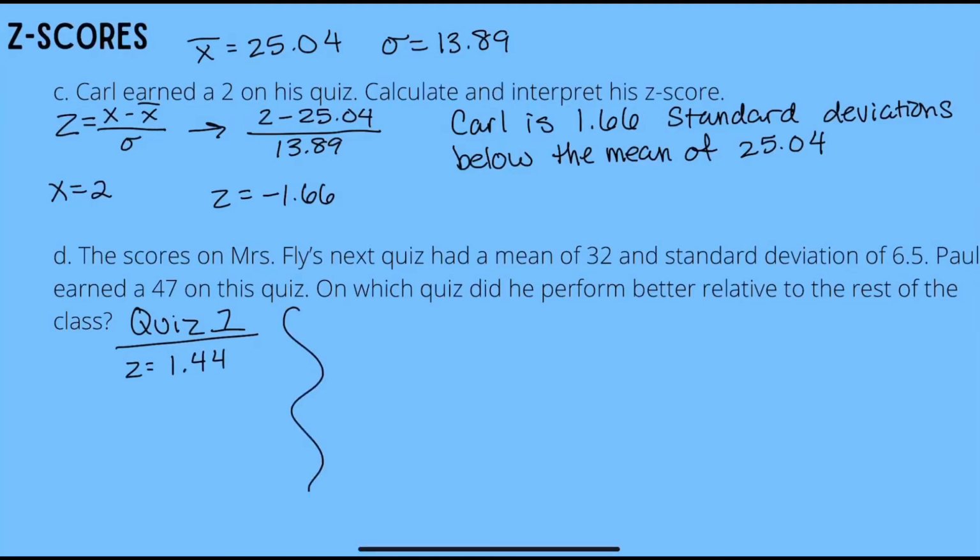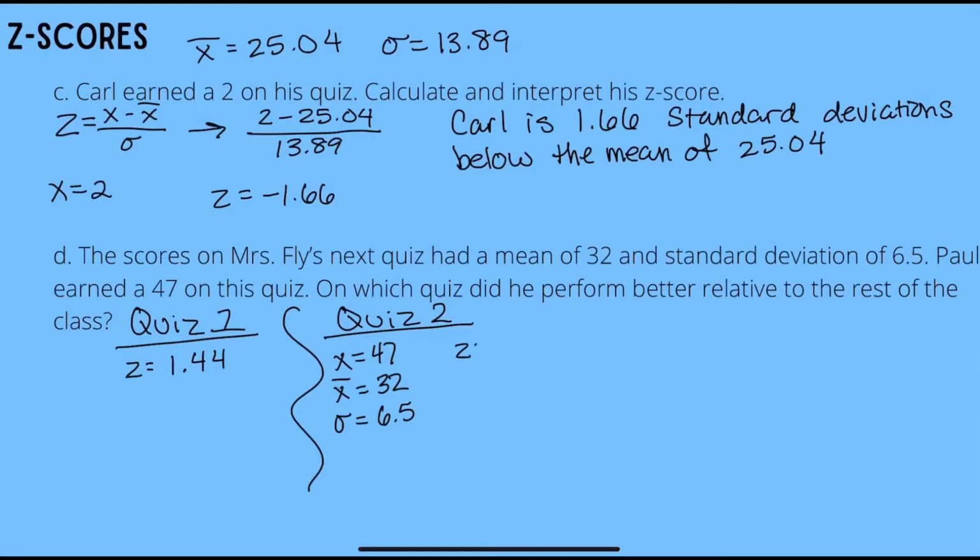Now let's look at quiz 2. So for quiz 2, we are interested in looking at the 47. So we want to find out how he did. And we are given this time that the mean of this quiz was 32 and the standard deviation was 6.5.